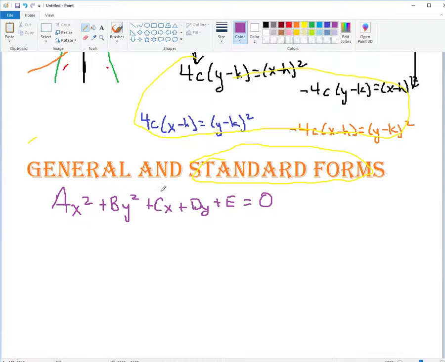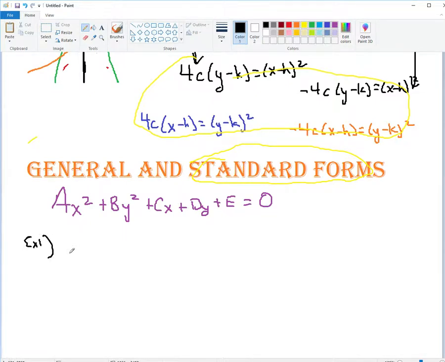Again, don't get the c confused with the focal length. It is just another number, right? So capital A, B, C, D, E are just numbers. To convert from one form to the other, we know how to do it, but we're going to do it again anyways. So example 1, let's convert from a standard form to a general form.